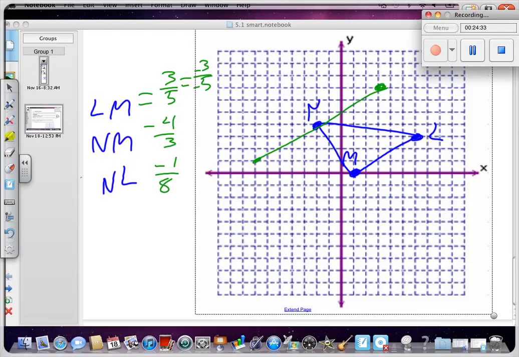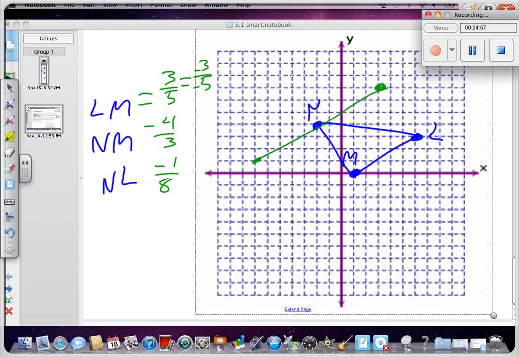And then to make the second line, where do I start? Do I start from L? Okay, that's a good question. So, which one do we want to do? Do we want to do this one down here, or this one right here? This one right here. Okay, so we're looking at L. What side is across from point L?